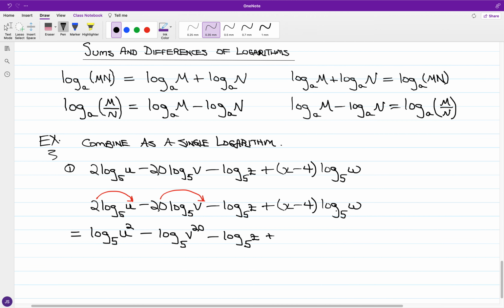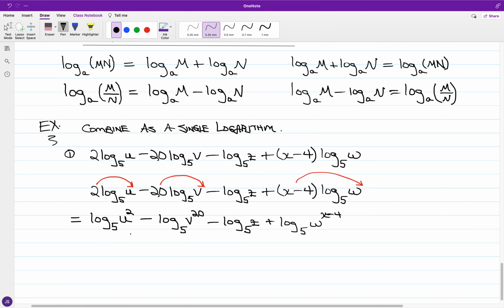And this binomial will be converted to an exponent. We're going to have w raised to the x minus 4 degree, and with x minus 4 as an exponent, parentheses are optional, but as a coefficient, the parentheses will be mandatory.